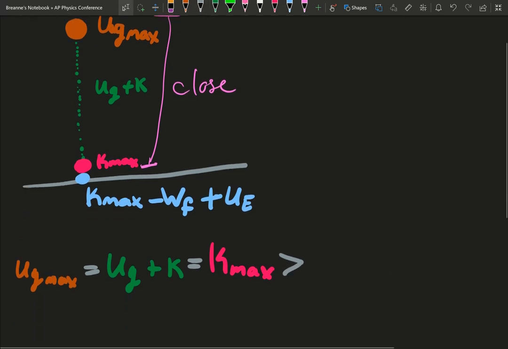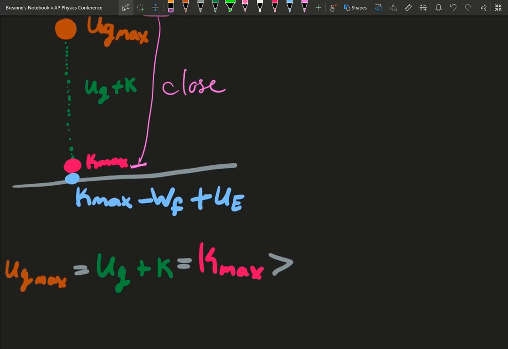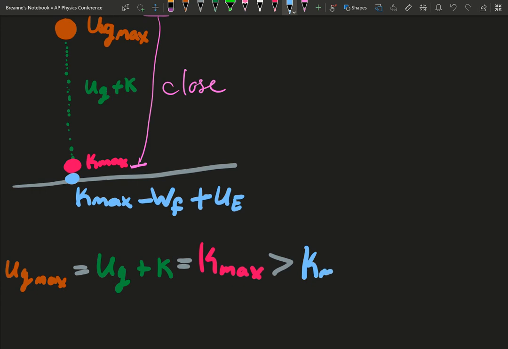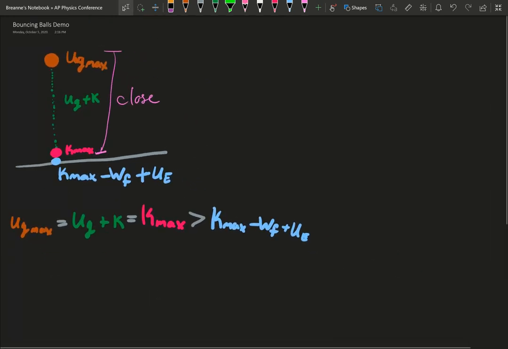So that would be: our max kinetic, minus work, plus elastic, is greater than what follows. You're gaining that elastic energy, but it's not enough to overcompensate for how much energy you're losing due to work.